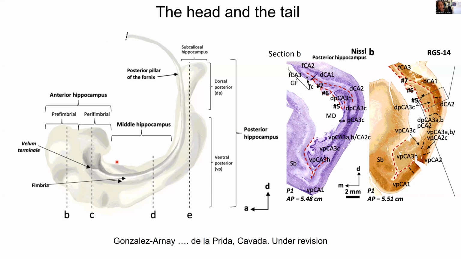And therefore, the interpretation of the local field potential signatures of theta and gamma oscillations, which as I commented at the beginning of my talk were strongly reduced in the area, could also be affecting the conclusions that we may reach if we are not considering the structure of the region.